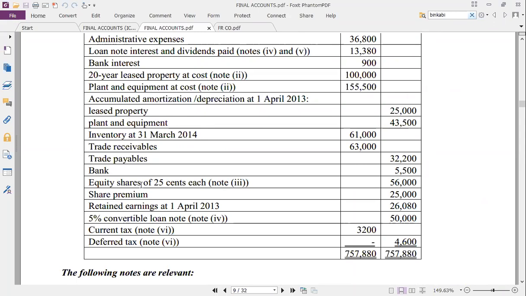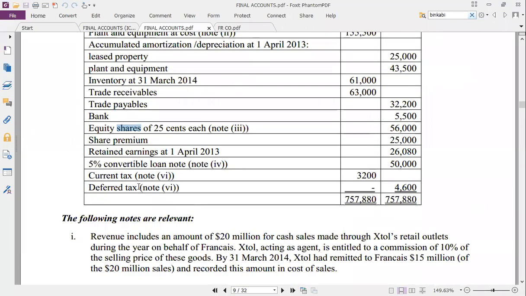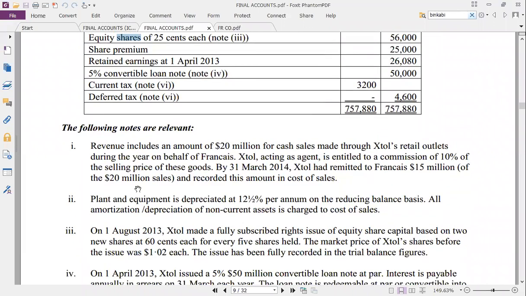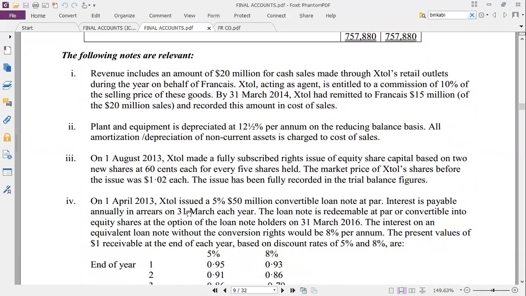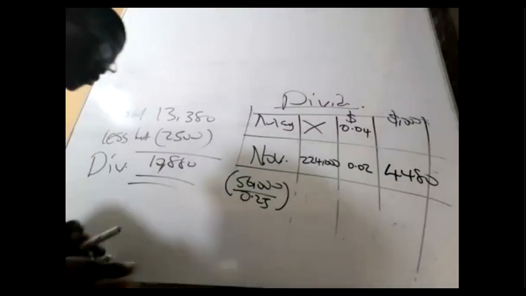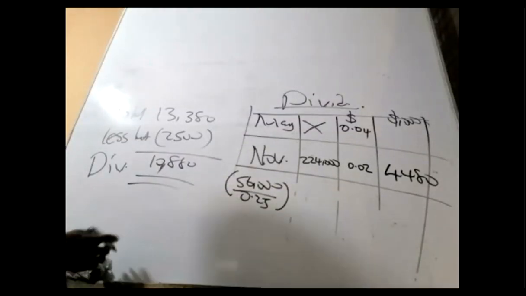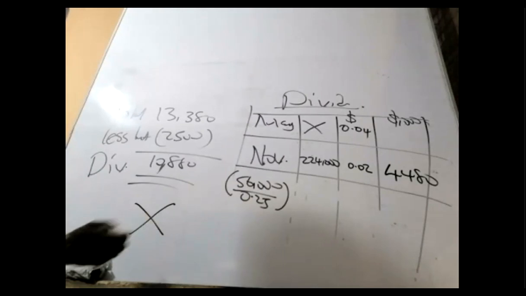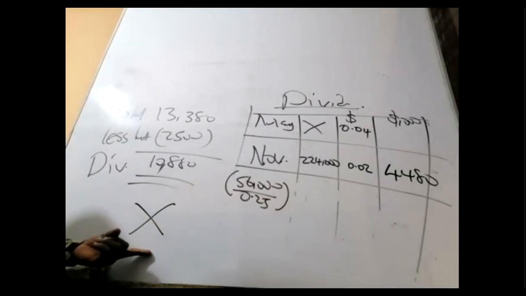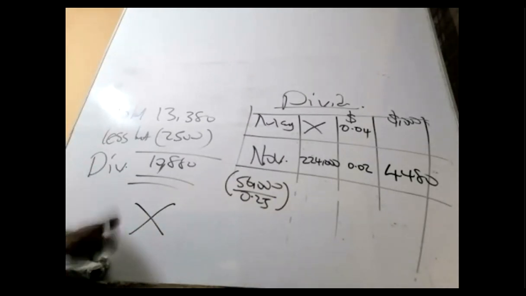Can we use the equity shares? Now, let's pick the right issue. The right issue was based on 2 new shares for every 5. So now, let's form an equation. Let X represent the existing shares, the one we are looking for, the number of shares they had before the right issue.